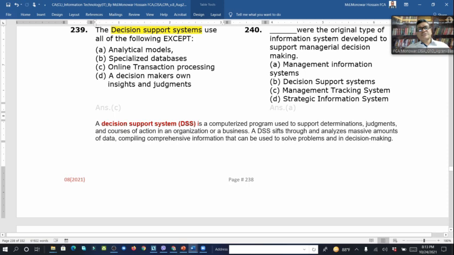A decision support system is a computerized program used to support determination, judgment, and courses of action in an organization or a business. A decision support system sifts through and analyzes massive amounts of data, compiling comprehensive information that can be used to solve problems and for decision making.